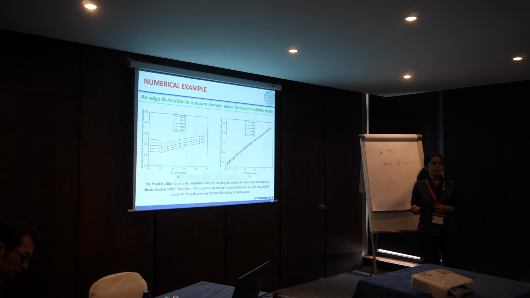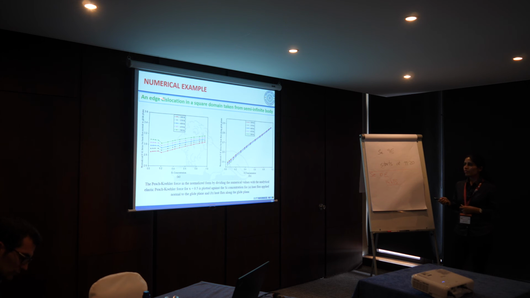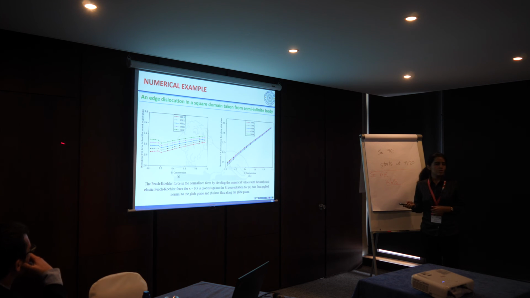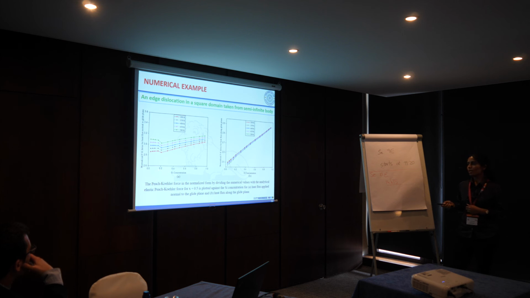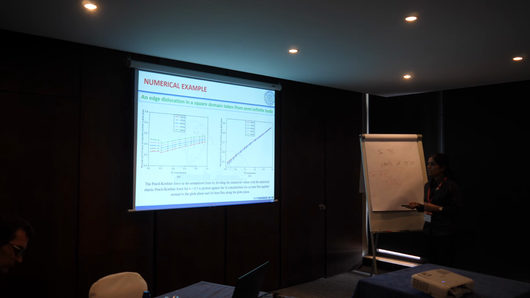We have calculated the Peach-Koehler force with the help of the J integral, and here we are plotting the normalized Peach-Koehler force, which is normalized by dividing the numerical values by the analytical elastic Peach-Koehler force for x equal to 0.5. We have considered different temperature boundary conditions and different silicon concentrations for different alloys.